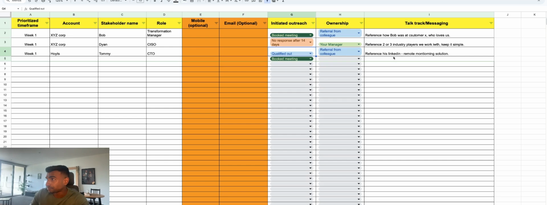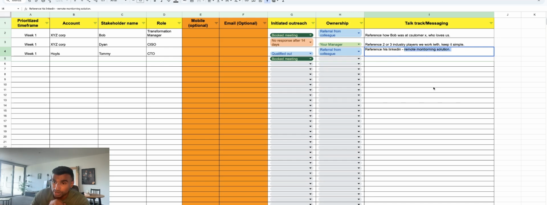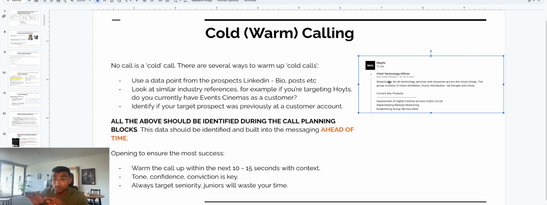Then under the talk track and messaging, I've literally said, reference his LinkedIn remote monitoring solution. If you have a solution that can help with that, you can find that on his LinkedIn and just make a little note. So when you call him, you can use that to warm up the call.